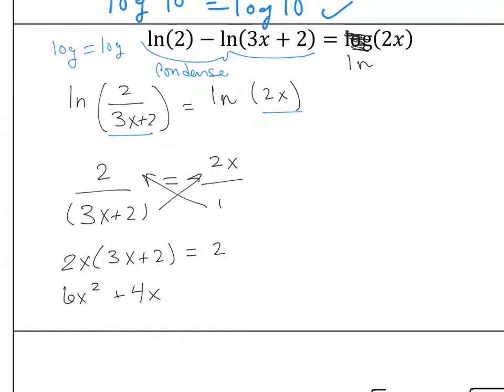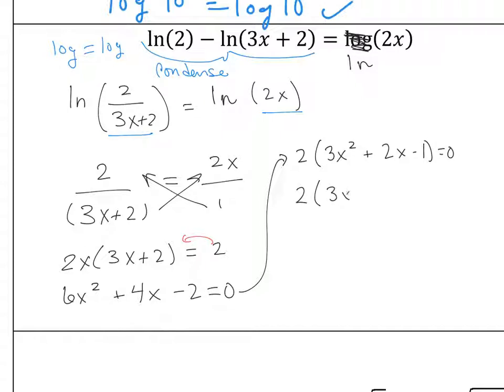I'm going to go ahead and take this 2 here and move it to the other side. Minus 2 is equal to 0. Now, I can factor it the way it is, but it's also a little bit easier if I factor out the GCF first. So I'm going to go ahead and take out a 2. Then I'm left with 3x squared plus 2x minus 1 is equal to 0.